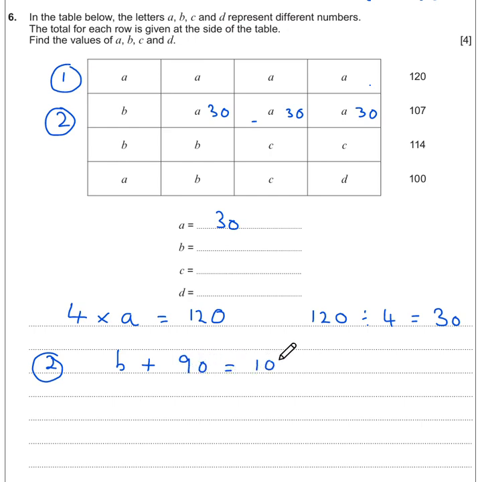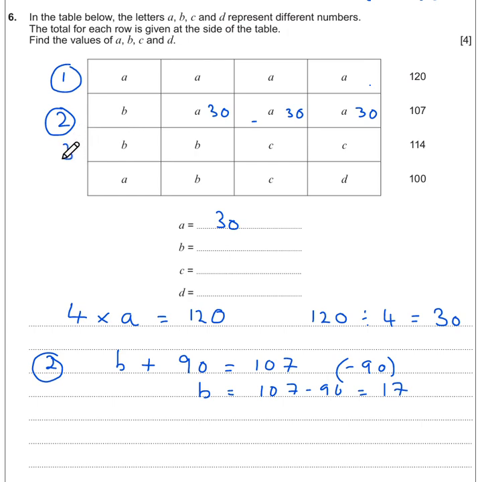And that's going to equal 107. So in order to work out what B is, we are going to subtract 90. So B is going to be equal to 107 minus 90, and that's going to give us 17.